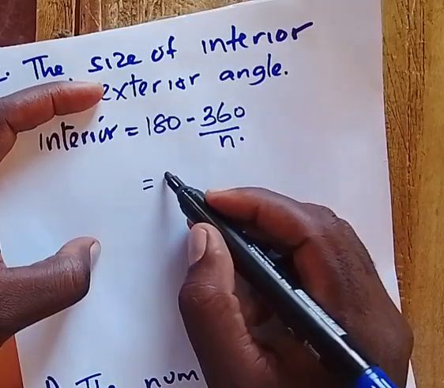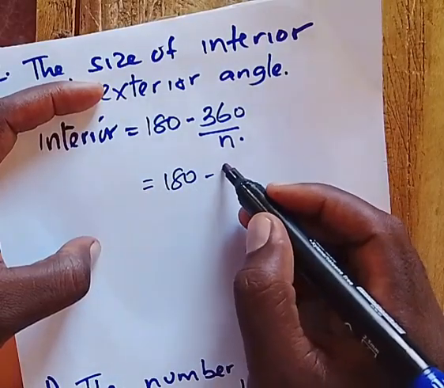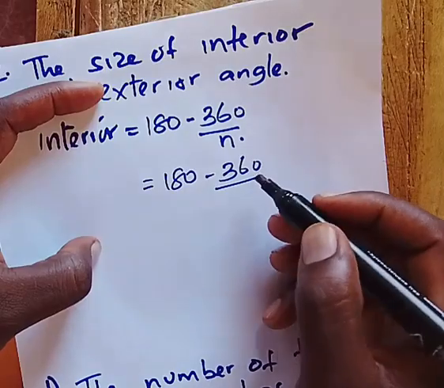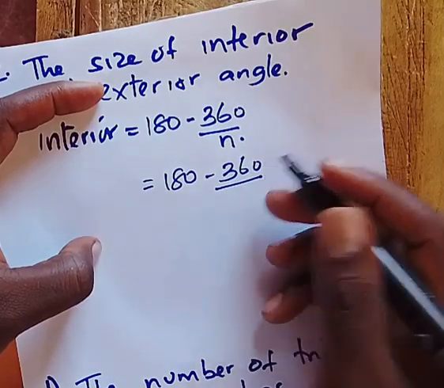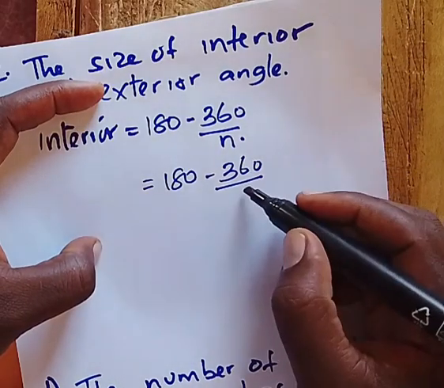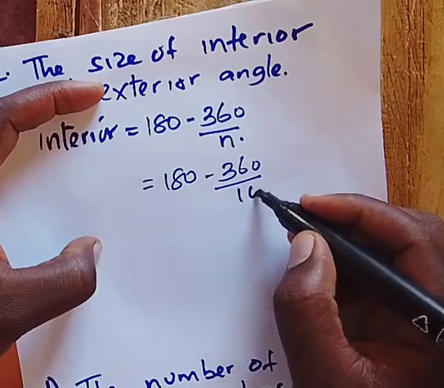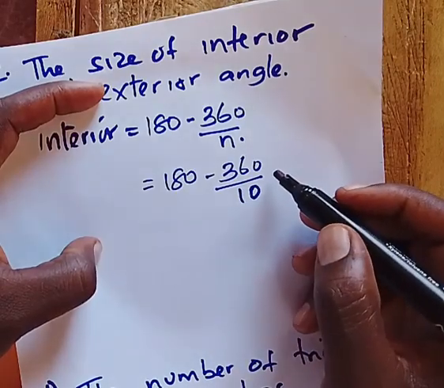So this is the same as 180 minus 360 over. We have seen that the polygon has 10 sides, so we'll say over 10.